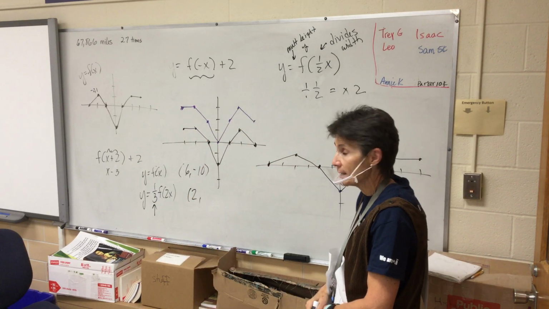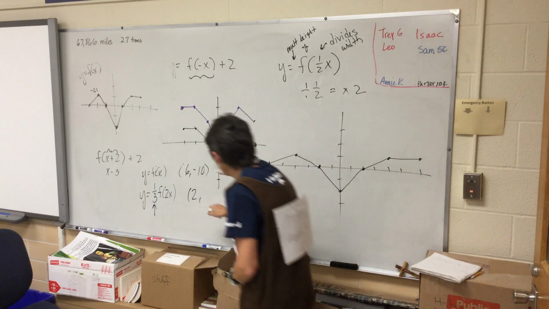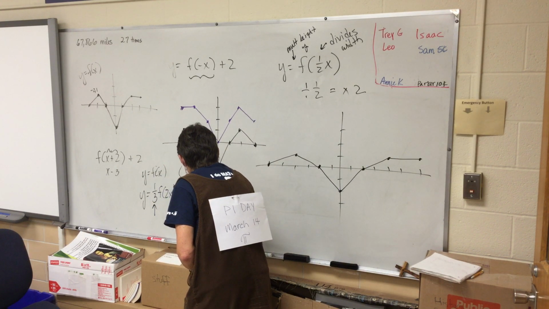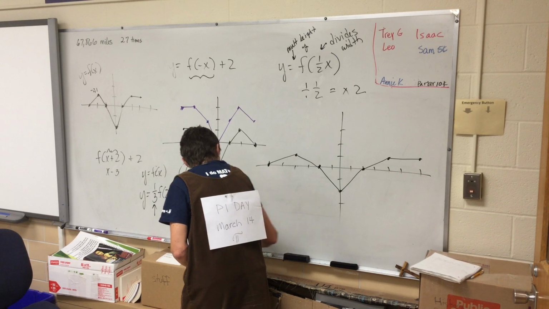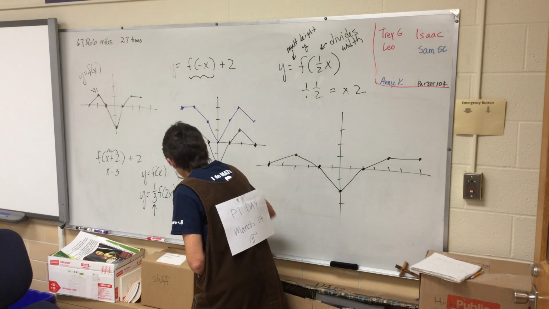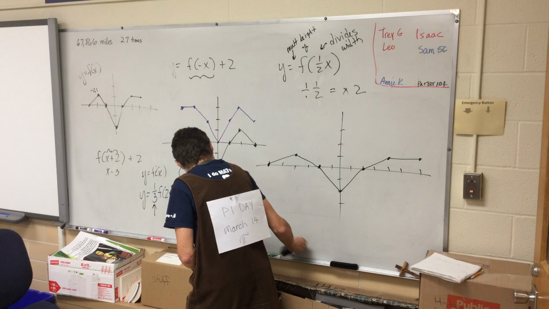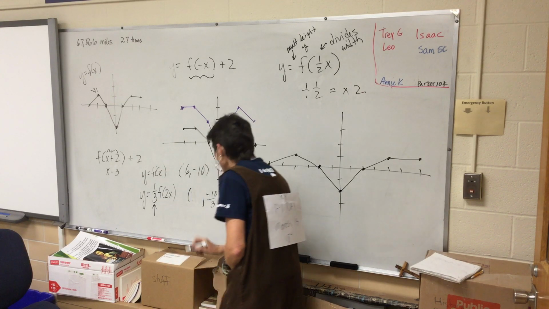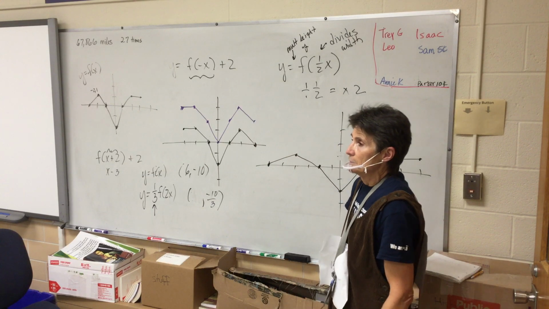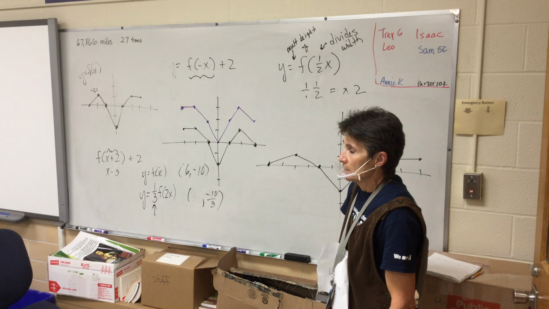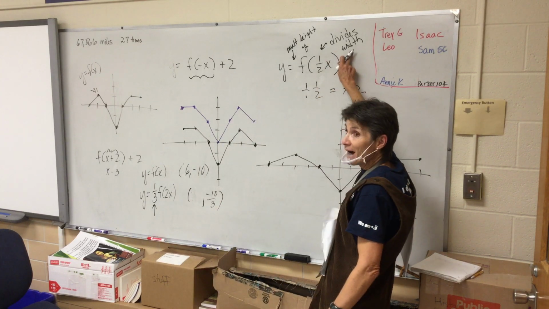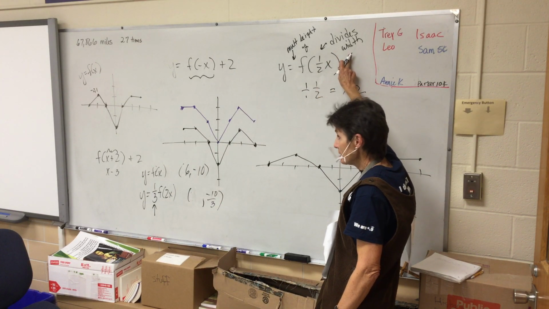We're multiplying, oh wait, no. We're multiplying y. So that would be negative 10/3. Sorry about that. This number multiplies the y, so this would be negative 10/3. What does this number do? Divides the x, right?